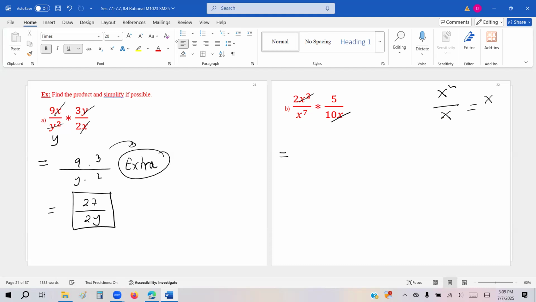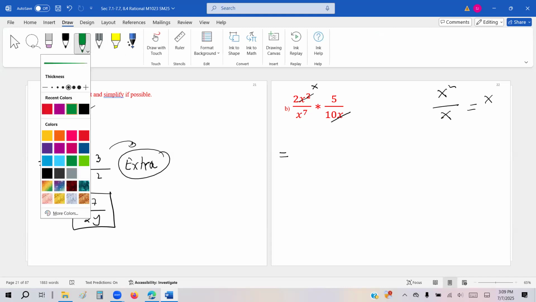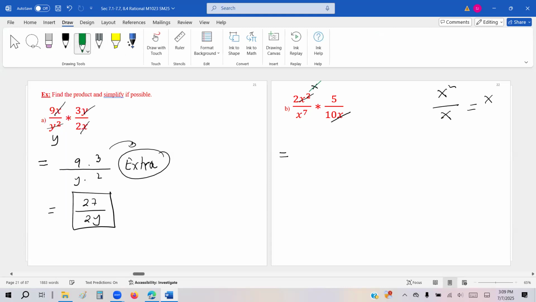X. Where, on the top or on the bottom? Good. Anything else? Can you cancel? So we have, let me change the color. We have this X and we have X to the 7, then 2 times 5.